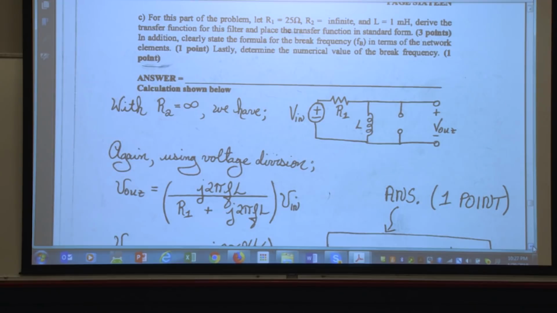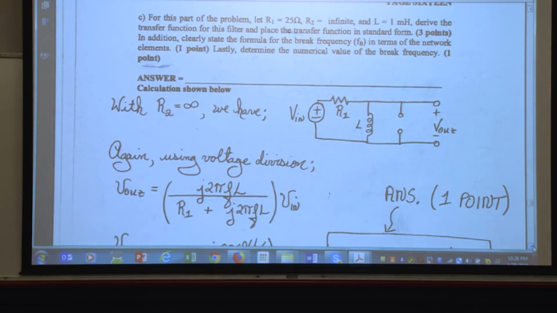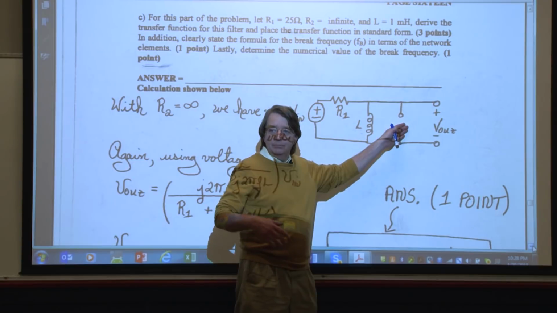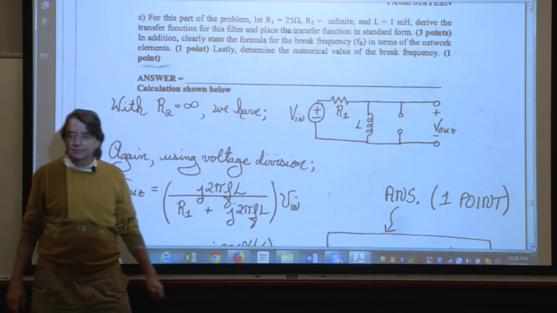All right, part C. For this part of the problem, let R1 equal 25, but now let R2 equal infinity, and L is 1 millihenry. So now I made it the familiar circuit we did in class. If R2 equals infinity, it's an open circuit, wide open. So now we have the RL circuit.